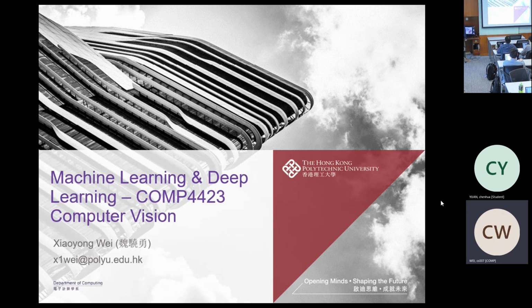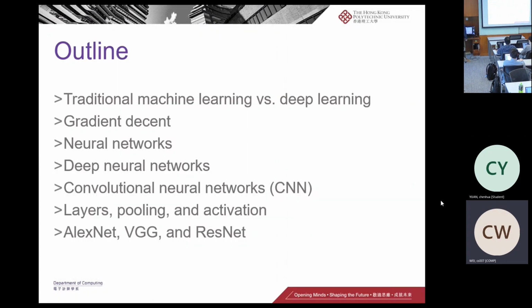But before that, here's the framework for today. Before we get into deep learning, we will review a little bit of traditional machine learning. You will see the connection between those two types of learning.